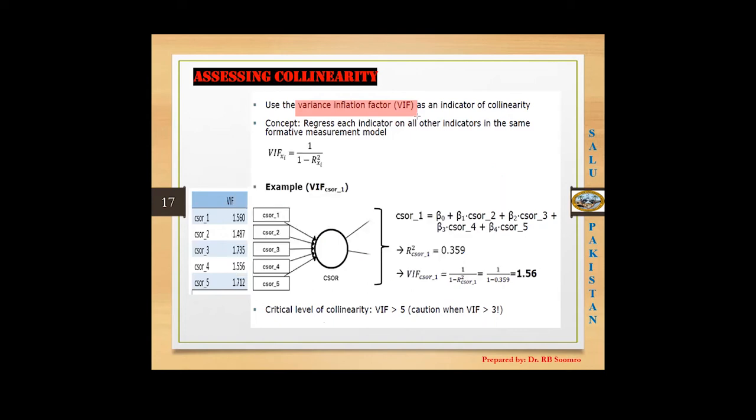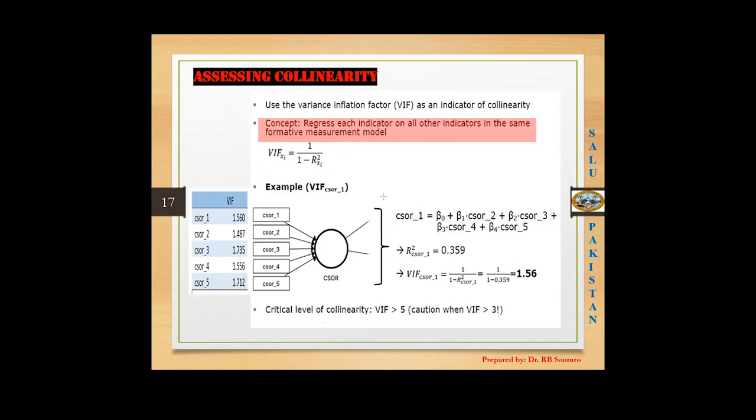The same thing happens when there is high collinearity: the VIF value will increase. What is the concept of the VIF? Basically, we have to regress all indicators within the formative measurement model. The formula is VIF equals 1 over 1 minus R squared.